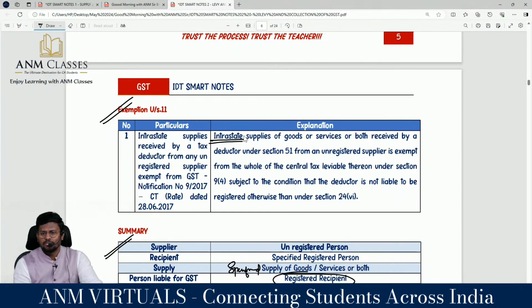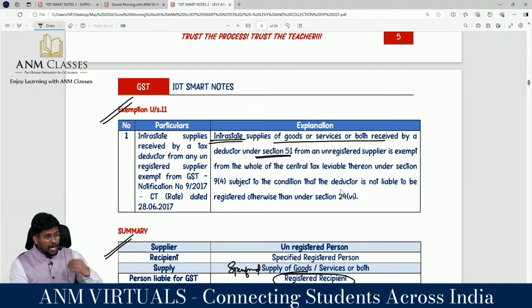Intra-state supply. So, it's not an interstate supply. It is within the state. It is the intra-state supply of goods or services or both received by a deductor under section 51. Sir, what they are saying is, if you are a registered person, then the provisions of 9(4) will be applicable.